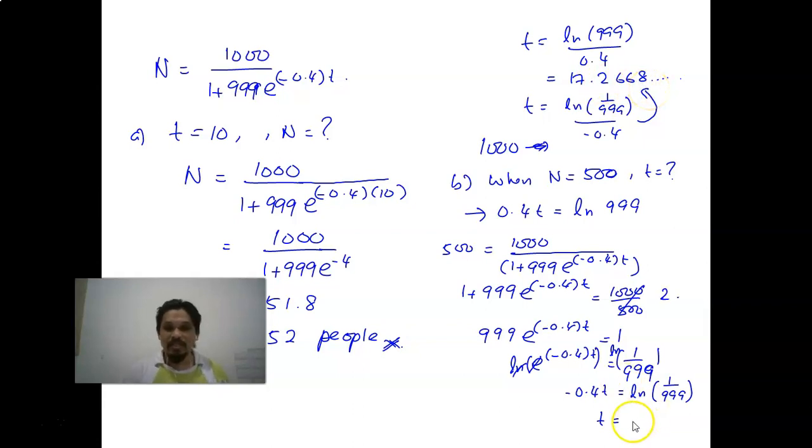Okay, so it means that here t equals 17 days.